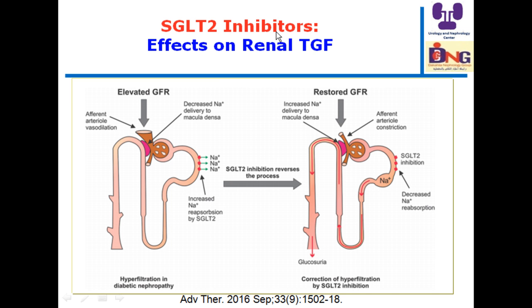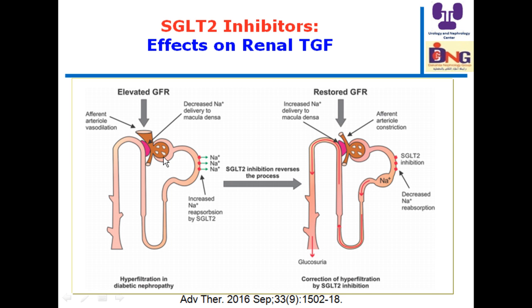In type 2 diabetes, as I mentioned in the beginning, there is increased expression of sodium glucose cotransporter within the proximal convoluted tubule, with subsequent increasing reabsorption of sodium and glucose. So sodium reaching the macula densa is reduced, and this leads to imbalance of tubuloglomerular feedback with the subsequent afferent dilatation and efferent spasm, leading to hyperfiltration.